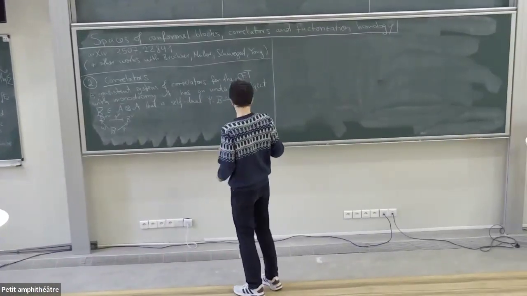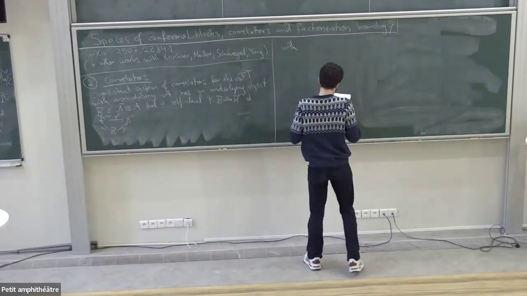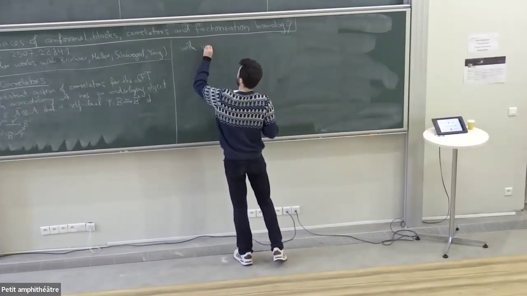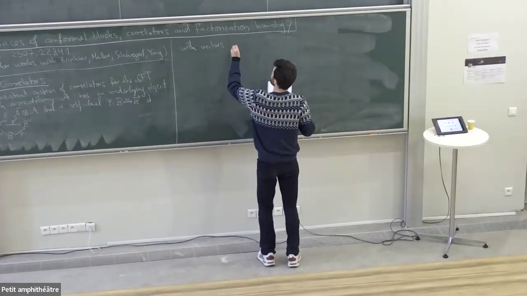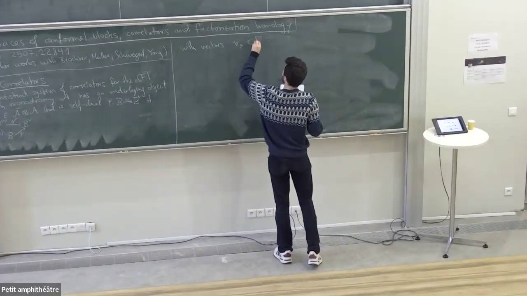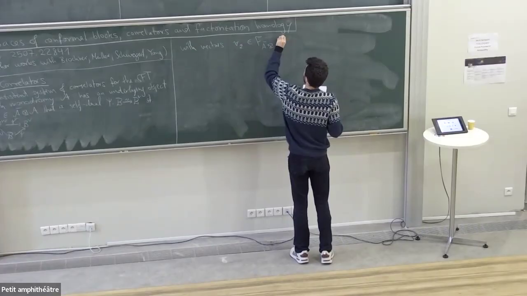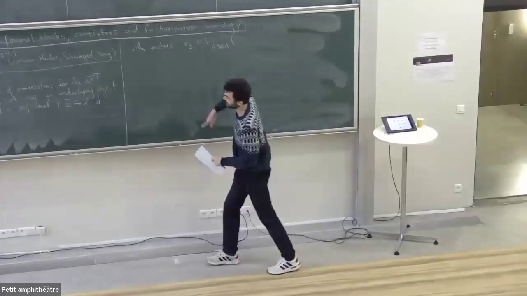And then we have vectors that live in the spaces of conformal blocks for this modular functor.